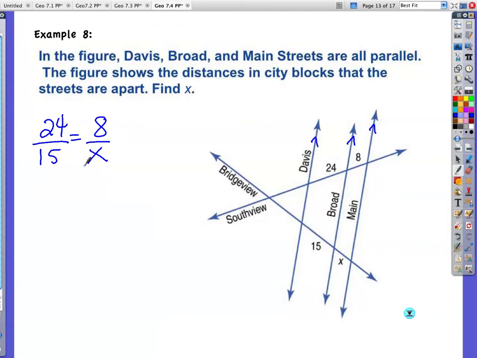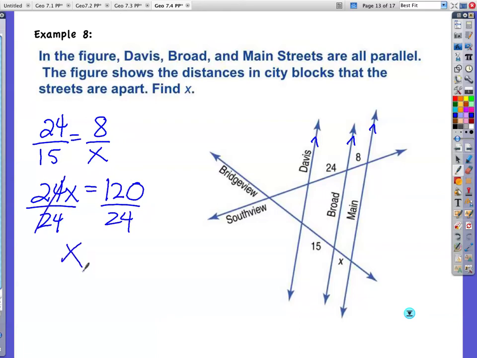Either way, it's going to work. I cross multiply. I think this is 120. All right, divide both sides by 24. 120 divided by 24 works out to be just plain old 5. And that's all I need to do, find x.